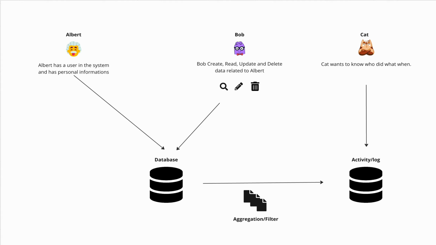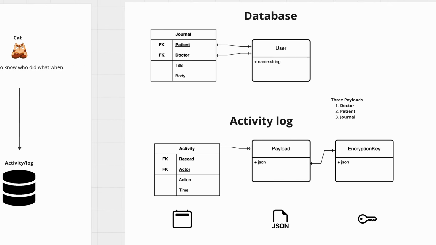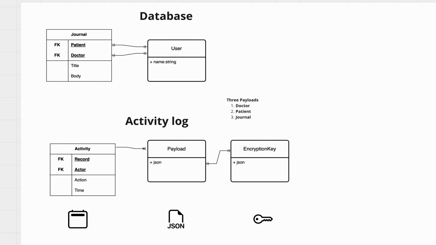Let's have a closer look at how this could be implemented in this scenario. Let me see if I can drag the screen like this. That worked. So in the example, we have a journal, a patient, and a doctor, and the journal itself has some information, and this information should be GDPR compliant.